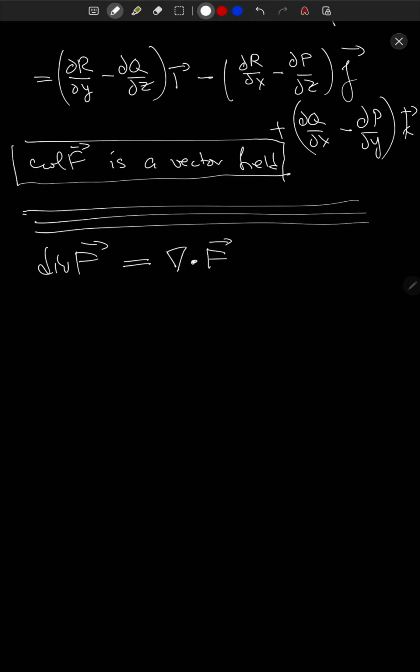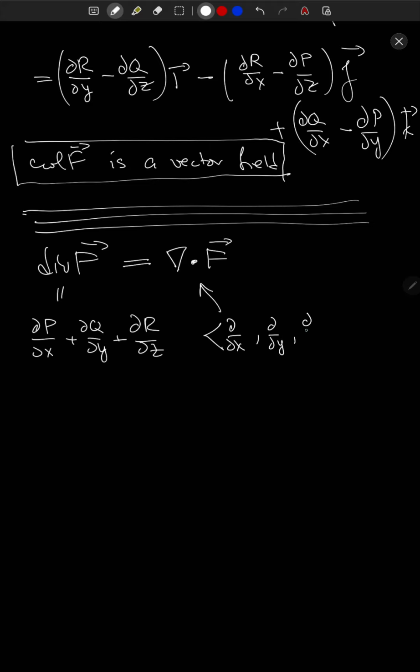But in a way, this is kind of nice notation because what is the divergence? It was dp dx plus dq dy plus dr dz, right? So if you think about this notation on the right-hand side, writing it in a vector notation, this would be d/dx, comma, d/dy, comma, d/dz, and then dot with P, Q, R, right?